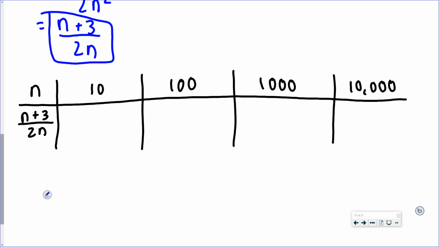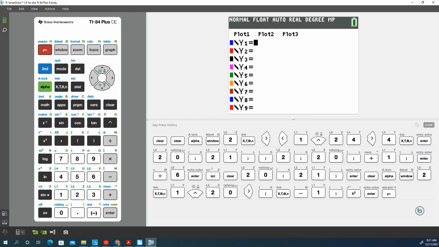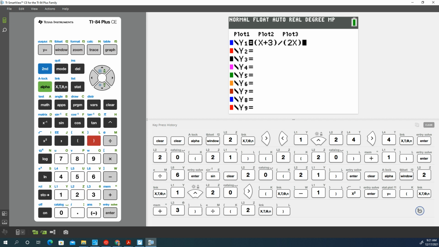So in my graphing calculator, I'm going to plug this in for y1, and then just use my ask button and test out these different n values. Okay, so obviously I have to use my x button. Divided by 2x.